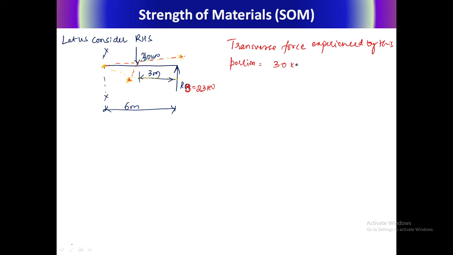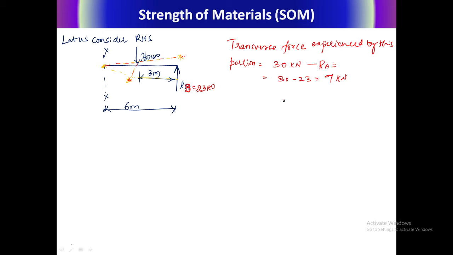Let us take this as a positive. Now 23 kilonewton is there. It is acting in an upward direction. Let us take this as a negative. Now how much is it? 30 minus 23. You are going to get 7 kilonewton.